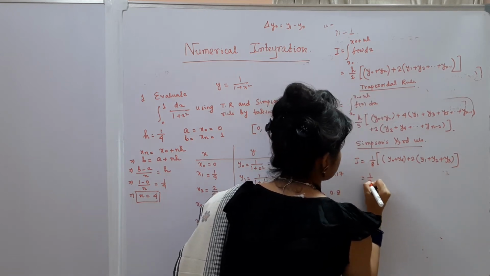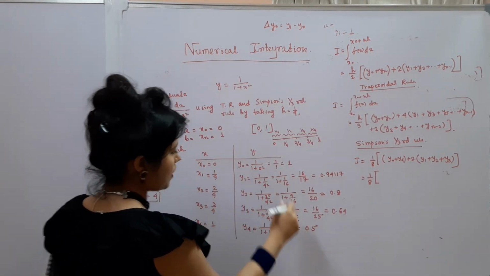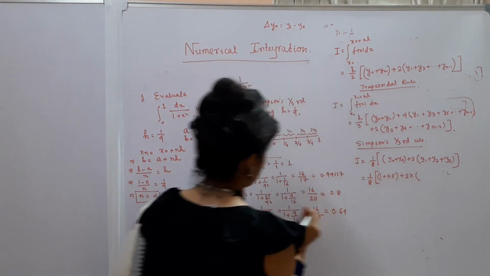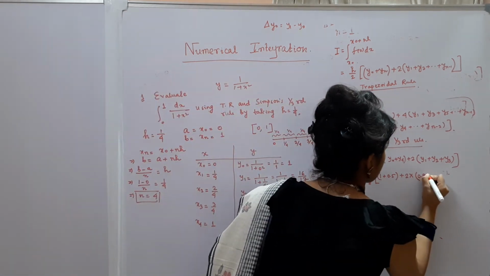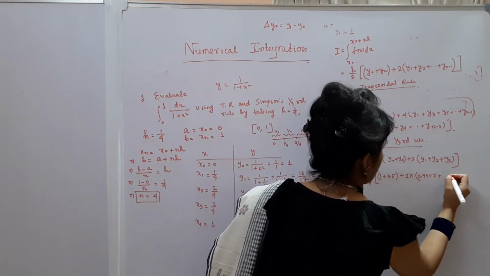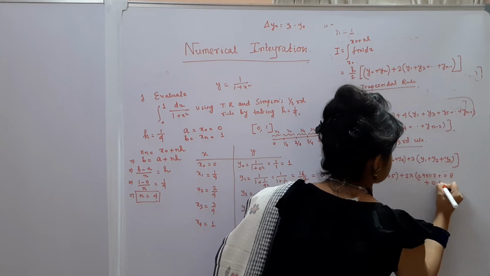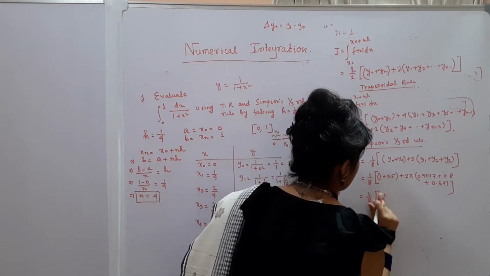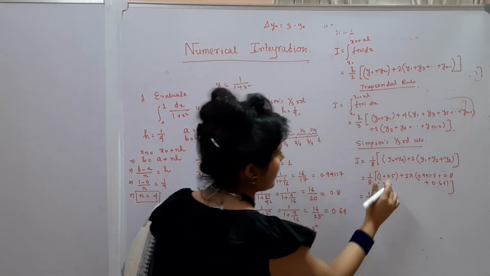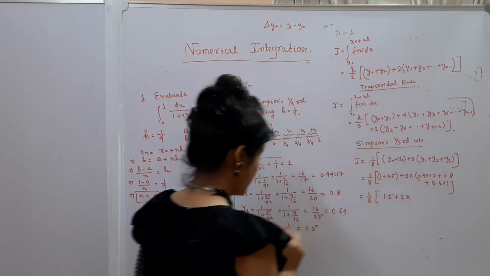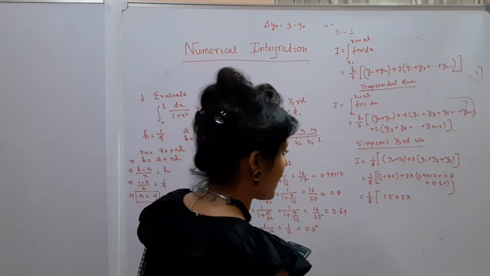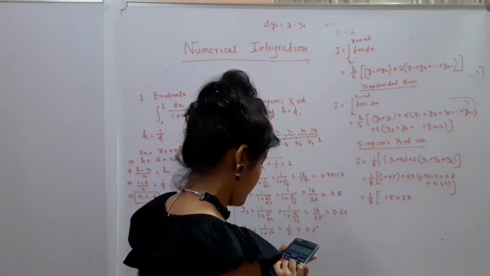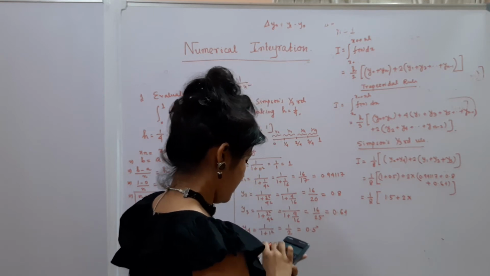So 1 by 8, that is y0 plus y4 is 1 plus 0.5, and this is 2 into y1 is 0.94117 plus 0.8 plus 0.64. So 1 by 8 into, that is obviously 1.5, because 1 and 0.5 is 1.5, plus 2 into, you can add them, 0.64 plus 0.8 plus 0.94117.